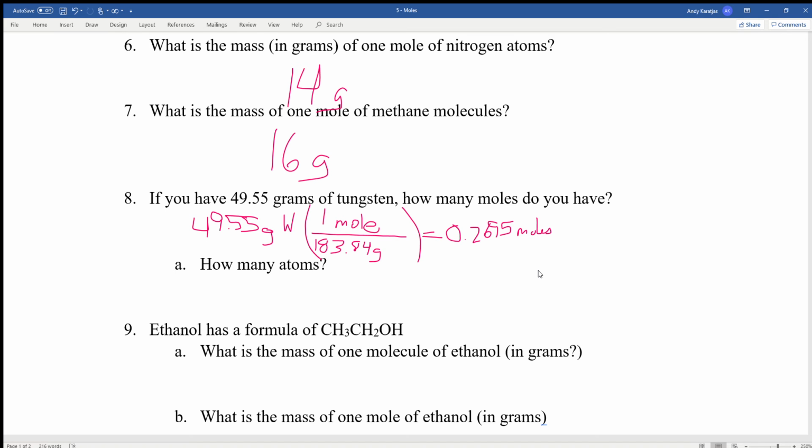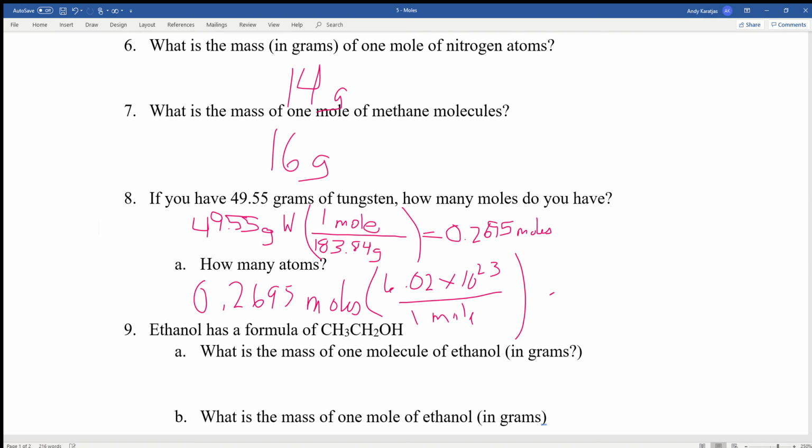Now, if we want to figure out the number of atoms, we're just going to take that number of moles that we got, and we're going to multiply that times Avogadro's number. And we get 1.622 times 10 to the 23rd atoms.